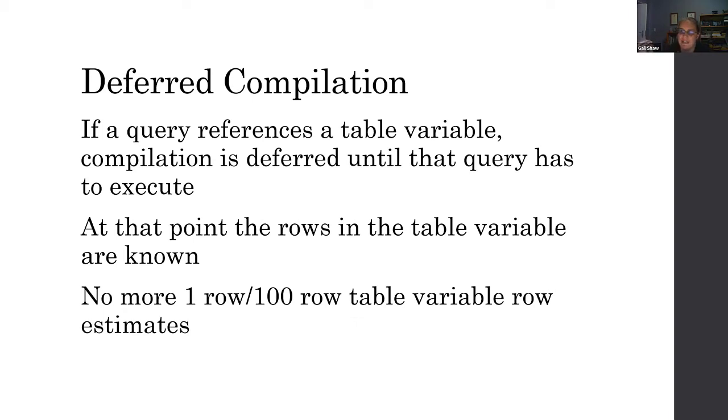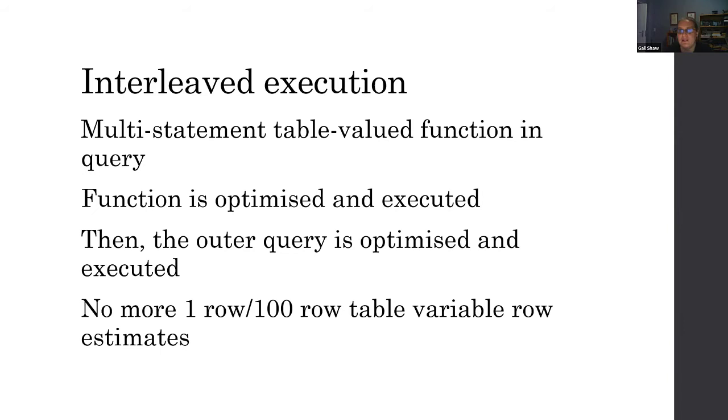The whole idea here is that we don't optimize and then execute a query that uses a multi-statement function or a table variable until we know how many rows will be returned by that multi-statement function or table variable. So when we've got a multi-statement table-valued function, we split the execution, interleaved execution. We execute the function first, dump the results into a table variable, then compile, optimize the query that uses that function and execute it.